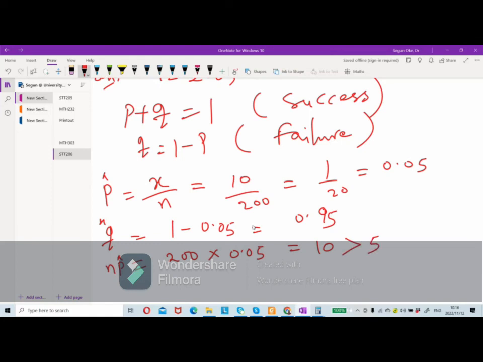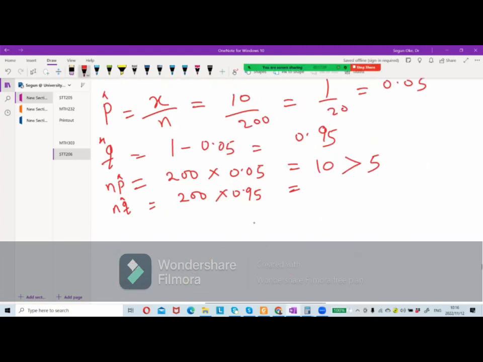Which is greater than 5, right? Then NQ cap is the same thing, 200 multiplied by 0.95. What's the answer, please? 190, which is also greater than 5.